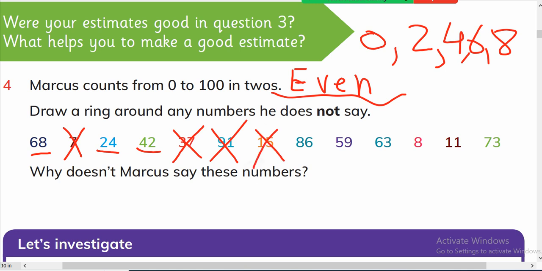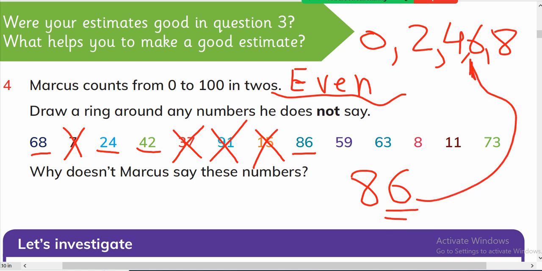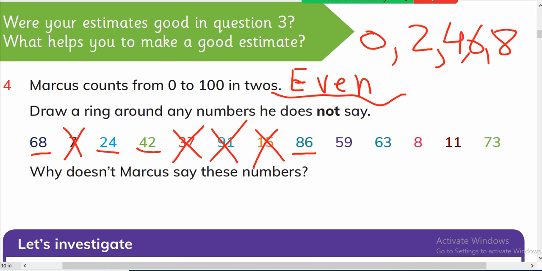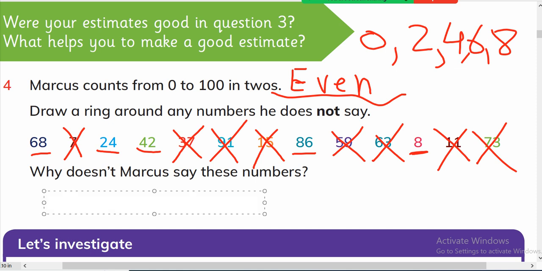He doesn't say 15. 86 he said, because 86 is an even number. 86 is ending with 6, and 6 is an even number. 59 is not even. 63 is not even. 11 is not even. 8 is even. 73 is not even. So why doesn't Marcus say these numbers? Because he counted in twos.